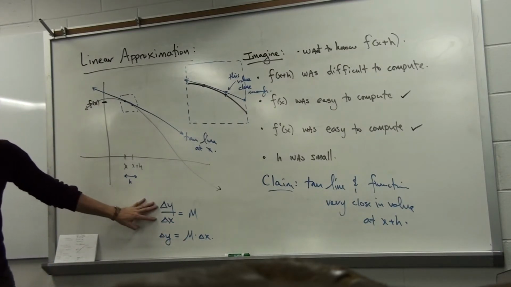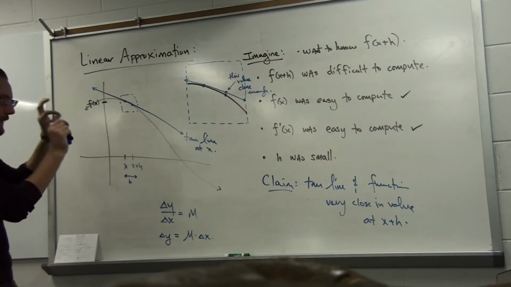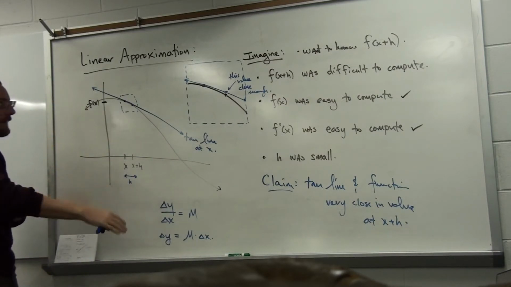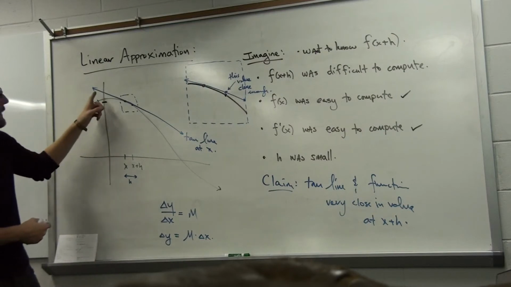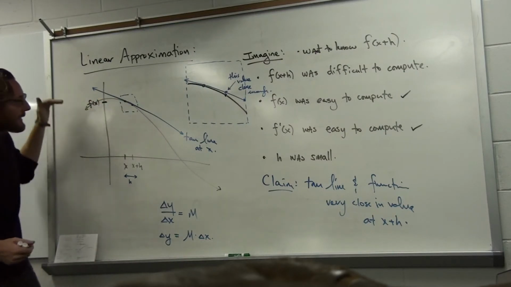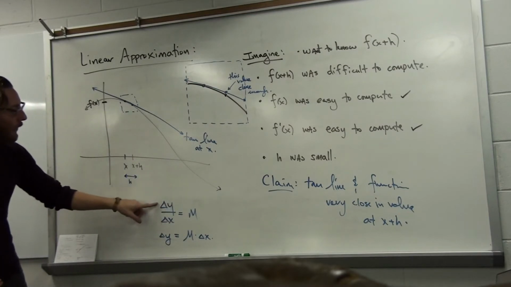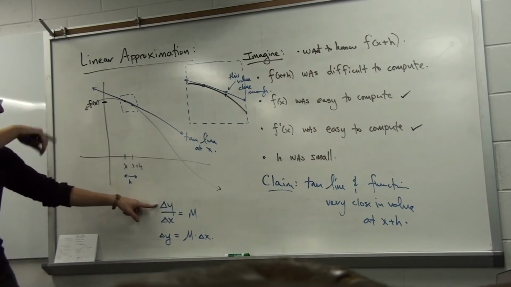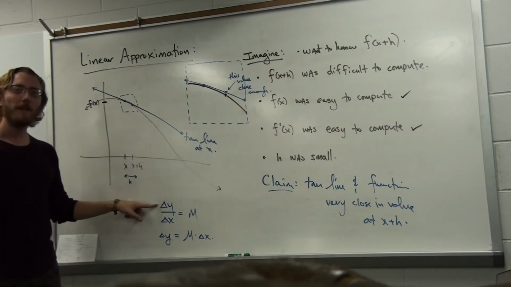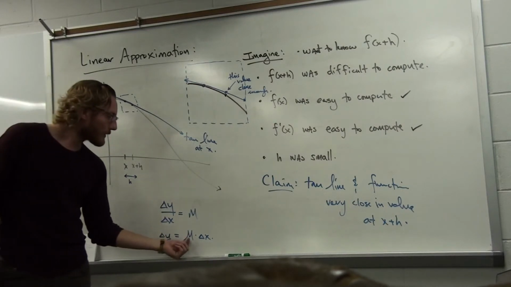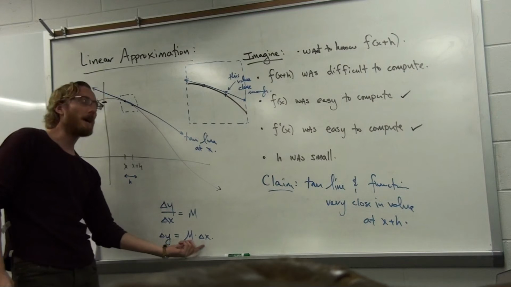But what would this describe? This slope refers to a constant rate of change between two points, which is what's occurring on our tangent line, which has a constant slope. So if we want to know how far we move vertically, as long as we're moving across our line, all we need to know is our slope and how much we're moving horizontally.